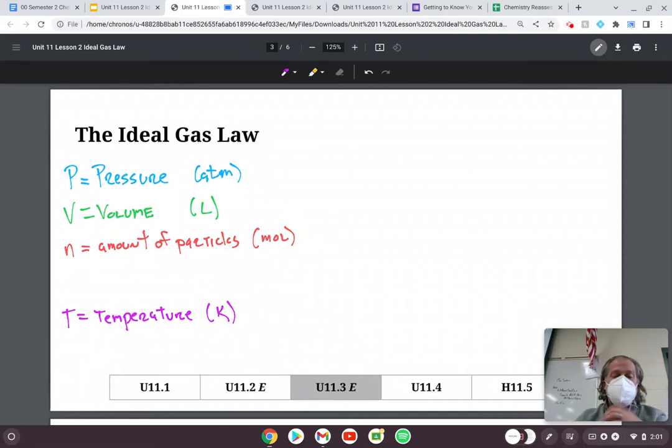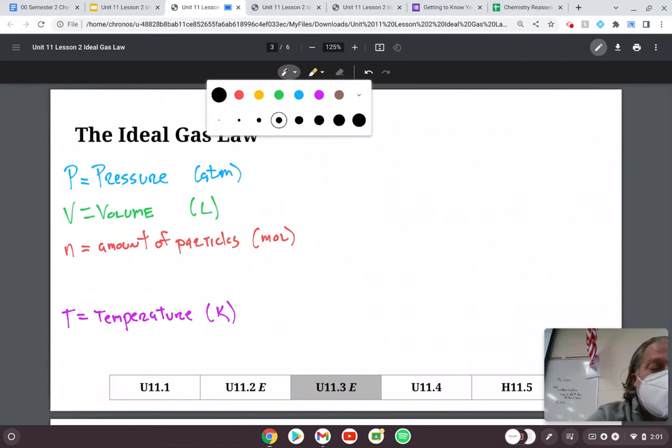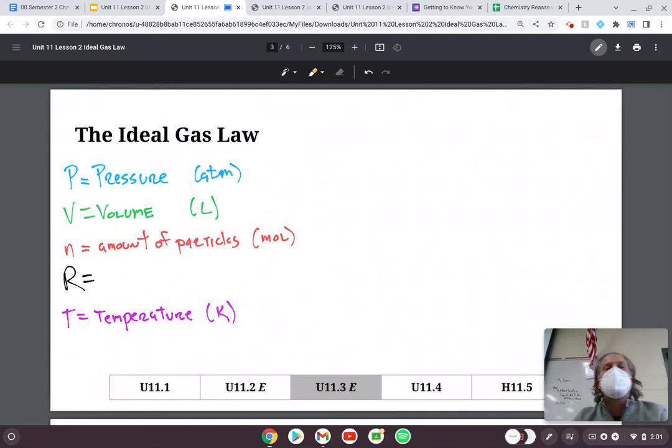Now, I left a space on purpose here because there is something that we need to discuss a little bit. One of the things that we need to discuss is something that we call the variable R. When scientists made observations about the relationship between pressure and volume, or pressure and number of particles, or pressure and temperature, whatever they were making observations about, there were some pretty obvious observations.